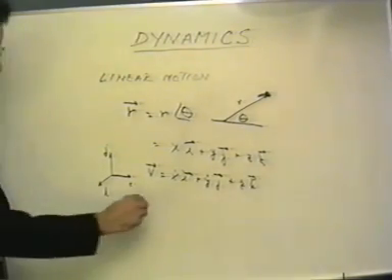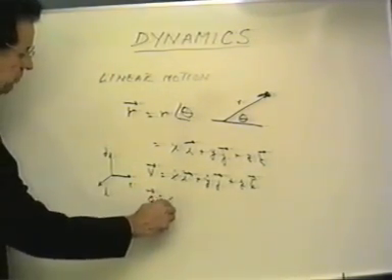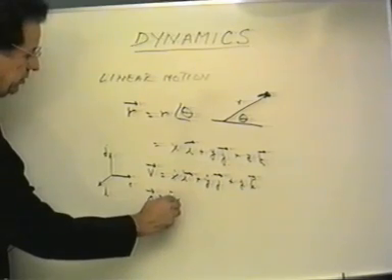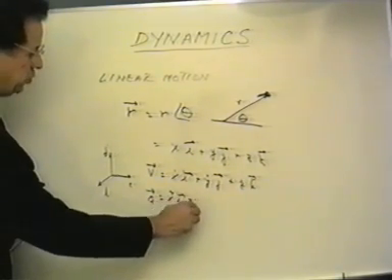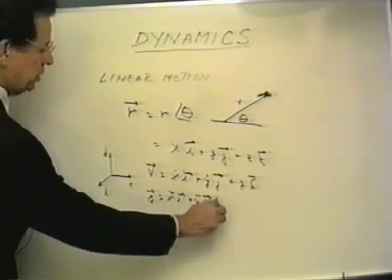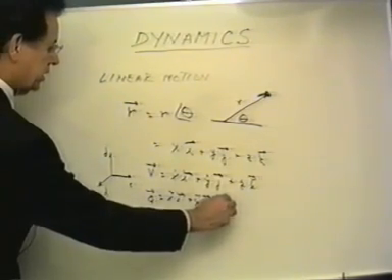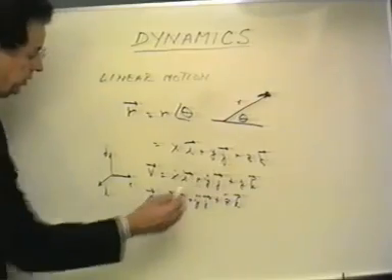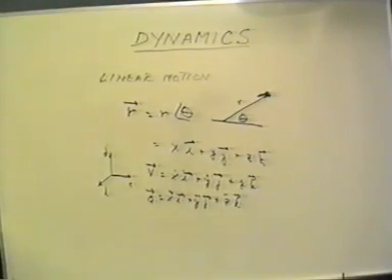And we can go one step further and say the acceleration would be given by x double dot in the i direction plus y double dot in the j direction plus z double dot in the k direction. So here we have again a system for describing these three components.